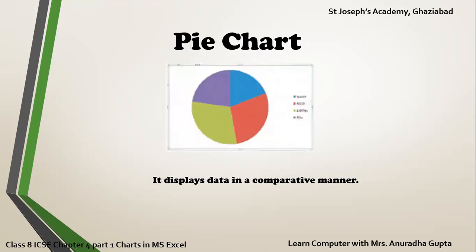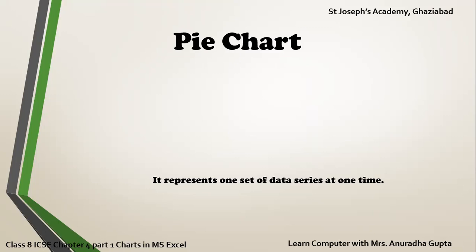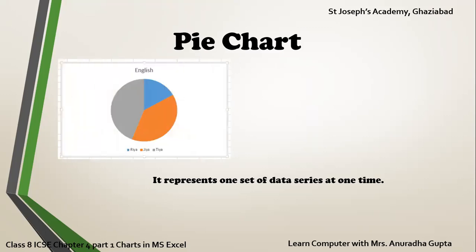Move on to the third type of chart, that is pie chart. Pie chart displays data in a comparative manner, or we can say at one time a pie chart represents one set of data series, like all the students' marks in one subject.